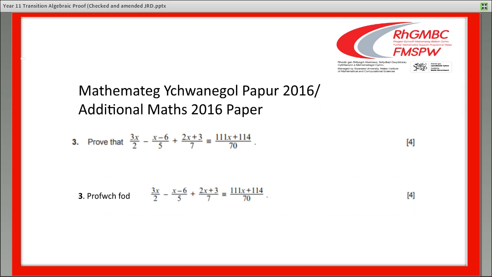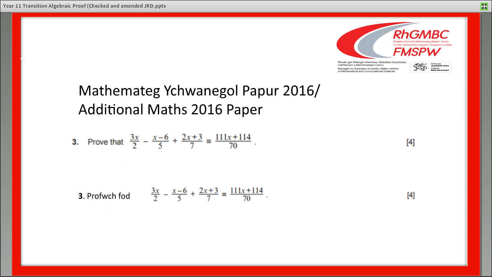Now, the next question, as you can see, and I've done it in both English and Welsh, it says prove that the left-hand side, 3x over 2 minus x minus 6 over 5 plus 2x plus 3 over 7 equals 111x plus 114 over 70. There is a clue there as to how to answer this question.